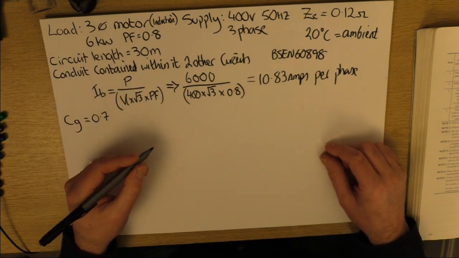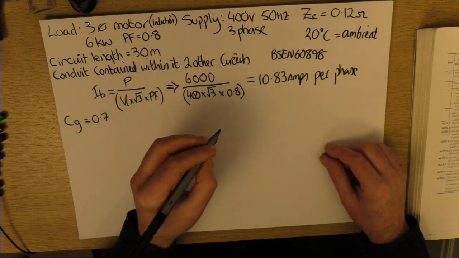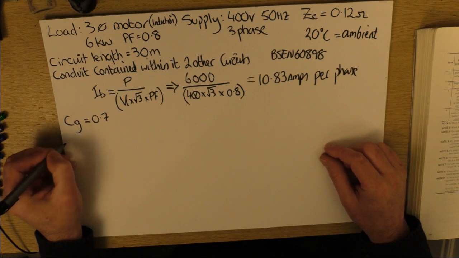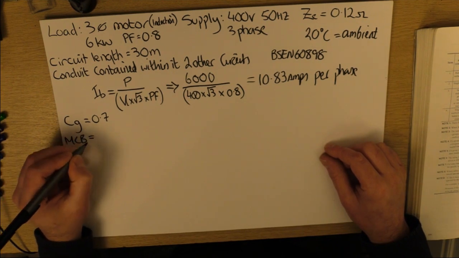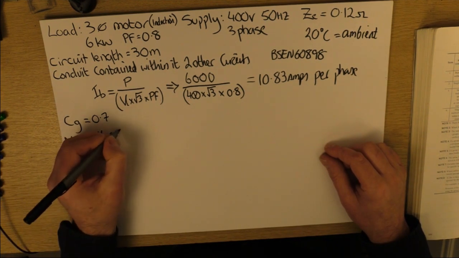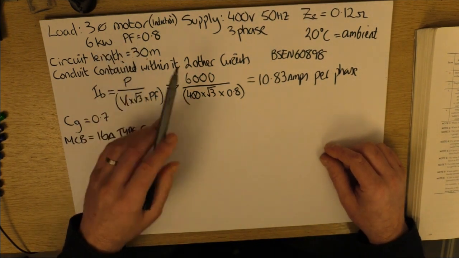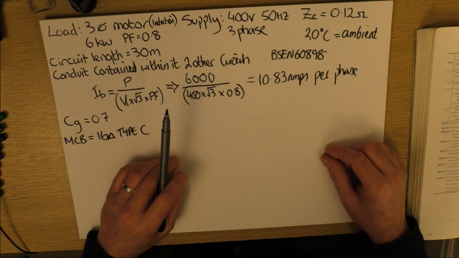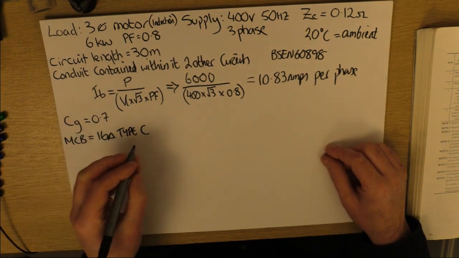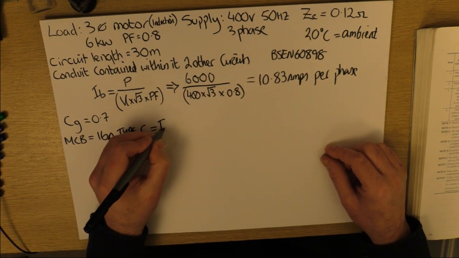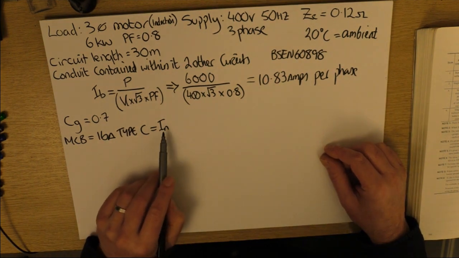Because it's a motor, it's probably sensible to use a type C. So our MCB will be a 16 amp type C, and that just allows a little bit of surge when the motor switches on. Okay, so this is our IN. It's the rating of our device.